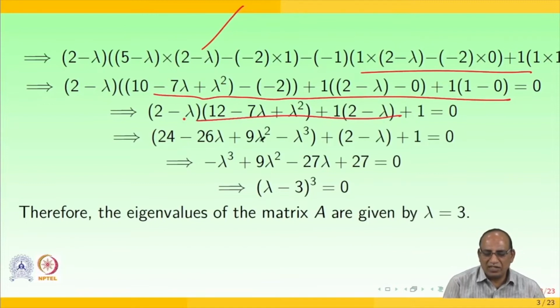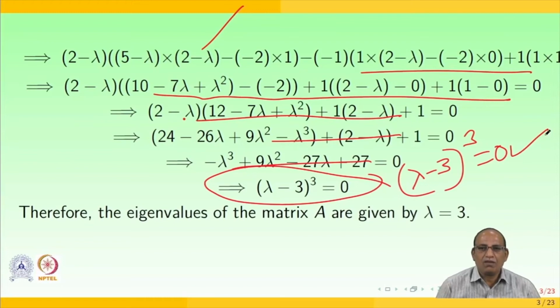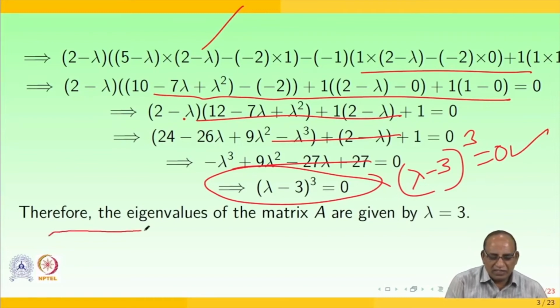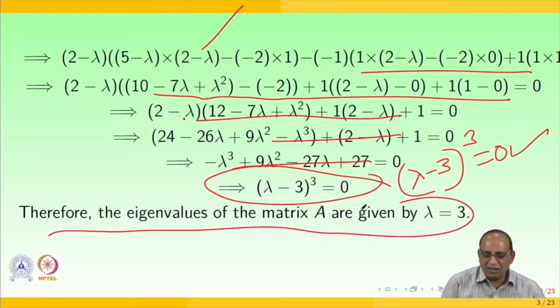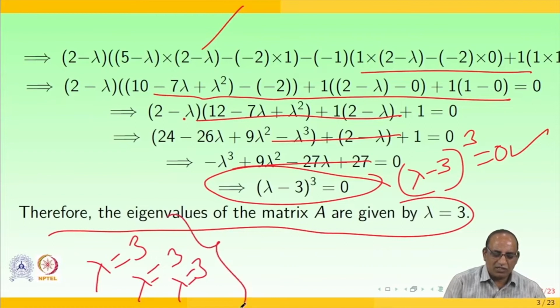Then you get the cubic equation (lambda minus 3) whole cube equal to 0. Therefore, the eigenvalues of this matrix are repeated: lambda is equal to 3, 3, 3. So we get only one distinct eigenvalue but repeated thrice.